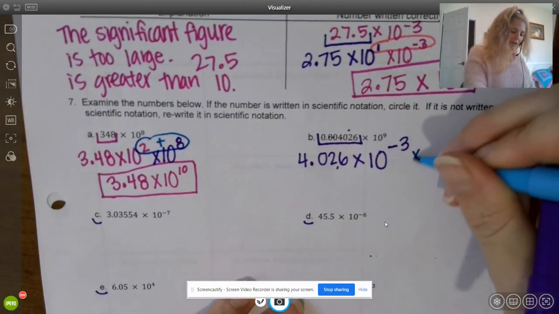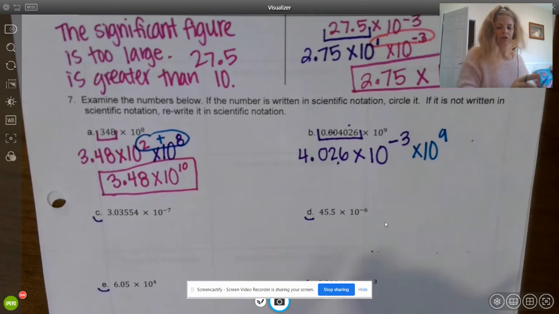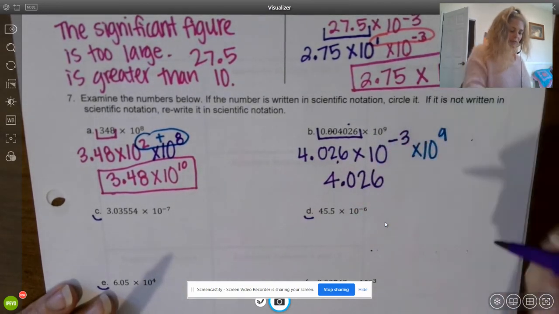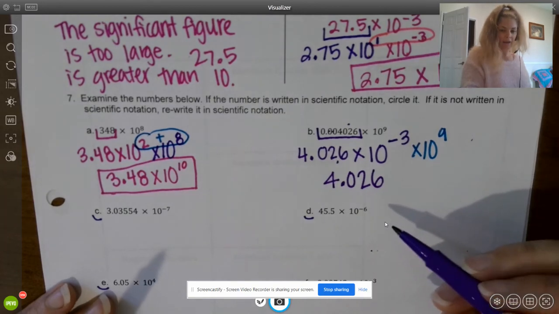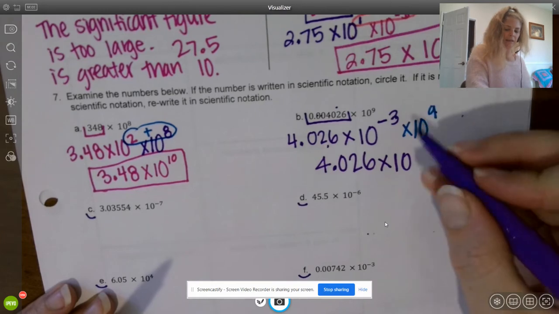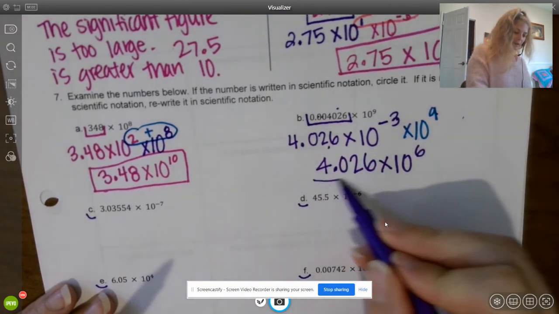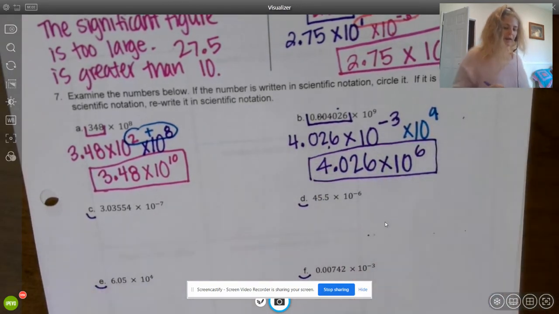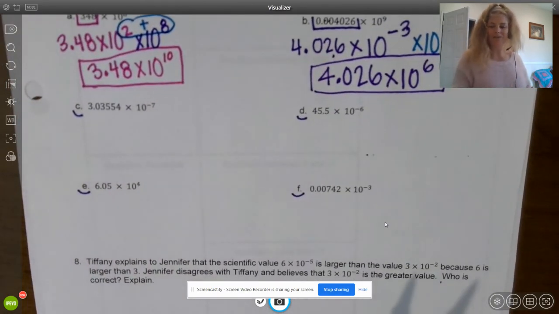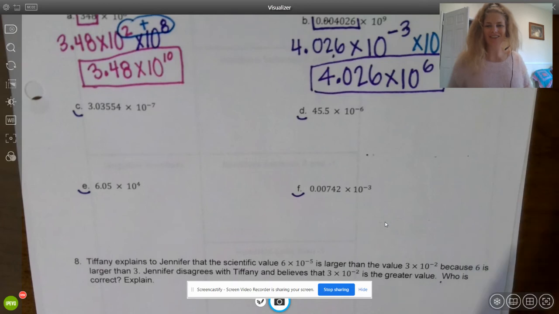Remember, we still have that times 10 to the 9th. So our final answer, 4.026 times 10 to the 9 plus negative 3 is 6, 10 to the 6th power. Awesome. Okay, you finish C, D, E, F, and we will check in as soon as you're ready.